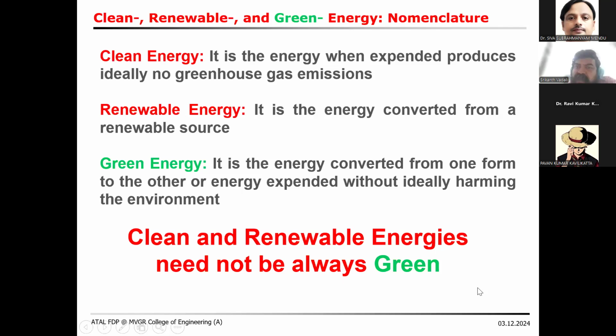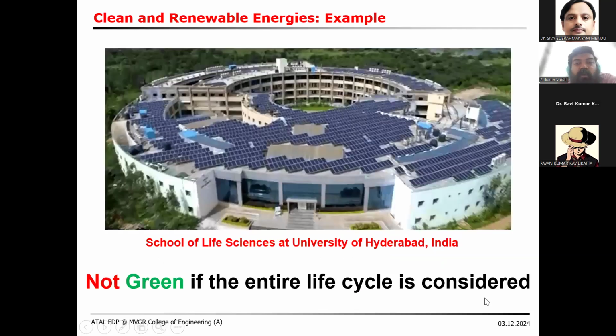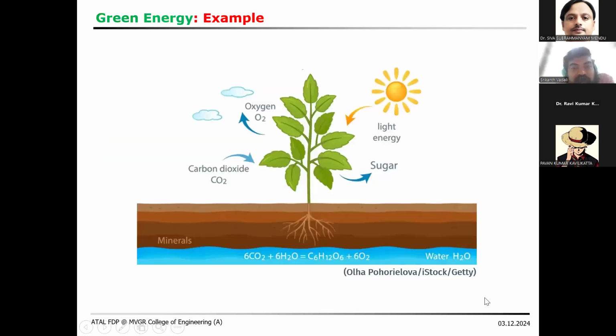Okay. Is there any technology in that case which is clean, renewable, and green? There is actually only one technology that is this: photosynthesis, which happens with the help of chlorophyll in plants. They take light energy and convert it into sugars, which is conversion into chemical energy.